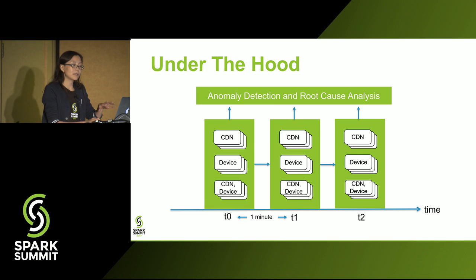The high-level idea is the system will analyze the time series of each quality metric that we are interested in, and then detect anomalies by analyzing the time series and run a root cause analysis algorithm to figure out the root cause.